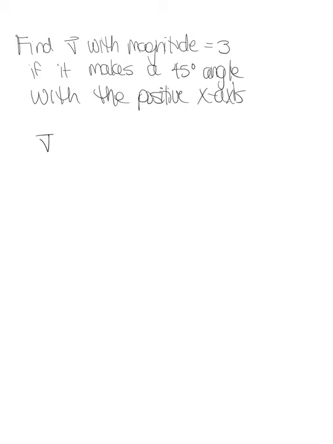All right, so the vector v is going to be equal to the magnitude of v times the cosine of theta for the first component and the magnitude of v times the sine of theta for the second component.